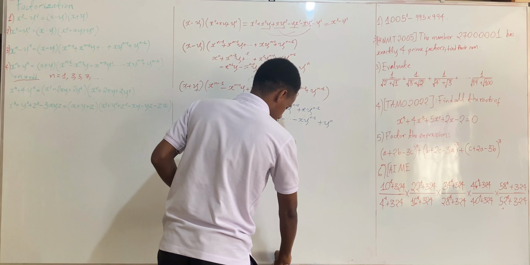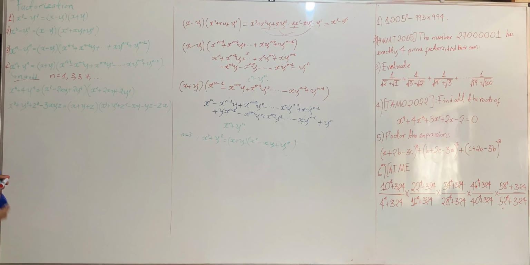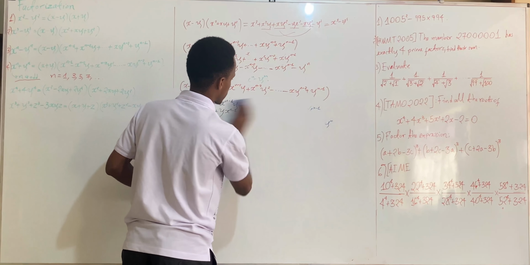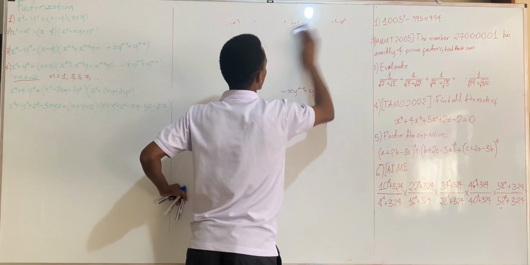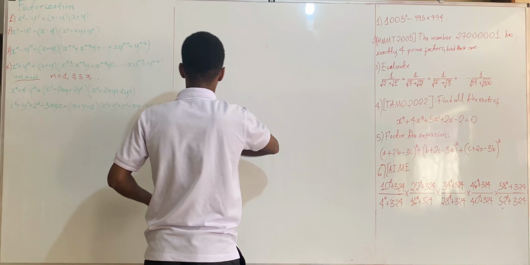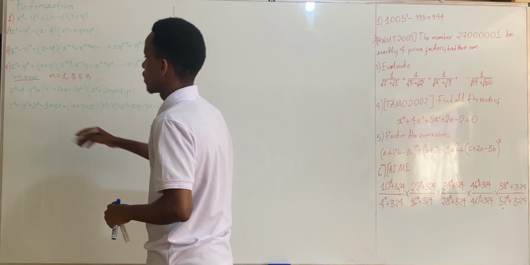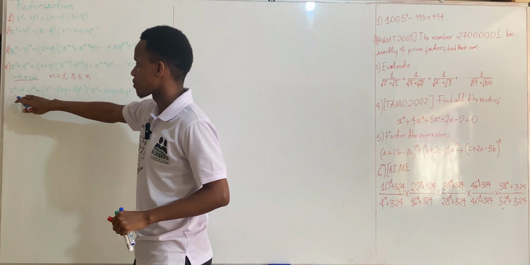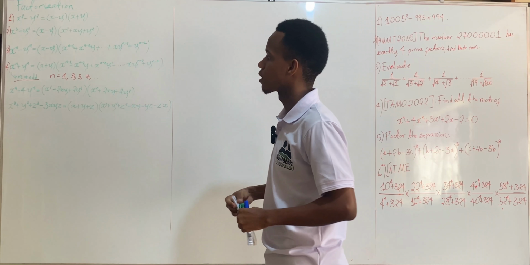And so at this point, we'll go on to look at the fifth identity and the last identity. For the fifth identity, we have x power 4 plus 4 times y power 4 equals this product here.